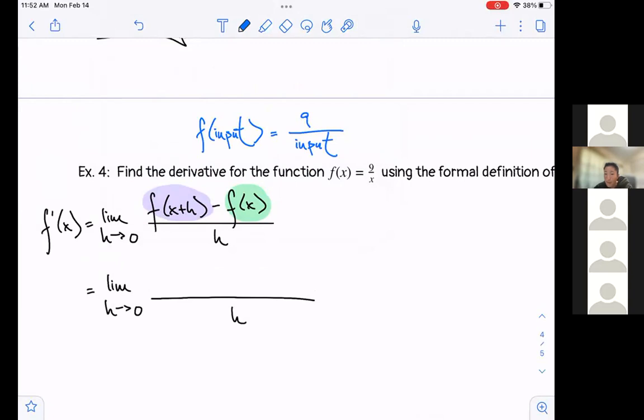Okay, so we've got 3 options so far: 9 over x plus h, 9 over x plus 9 over h, or 9 over the quantity x plus h. Let's call the first one A, the second one B, the third one C. Which of those do we think matches best with this structure?